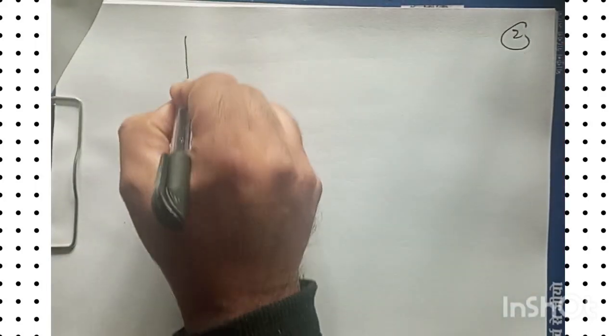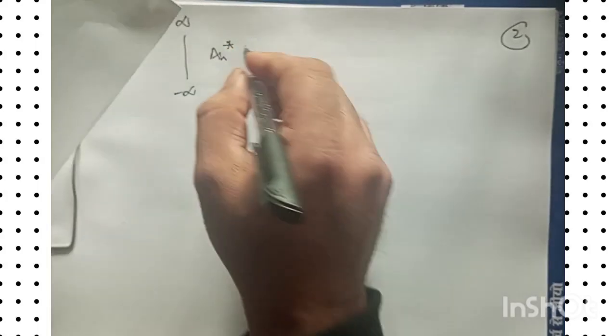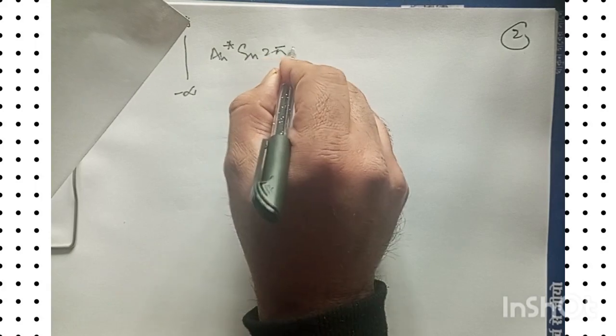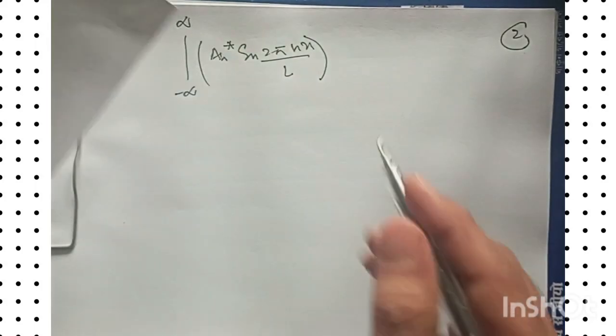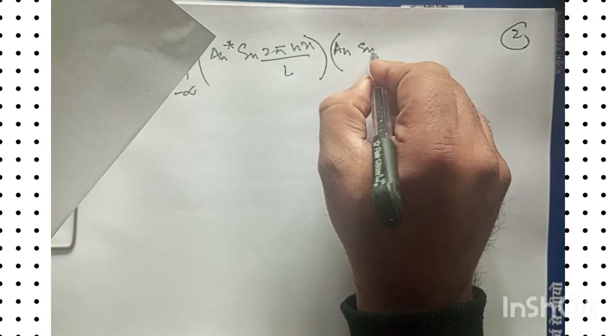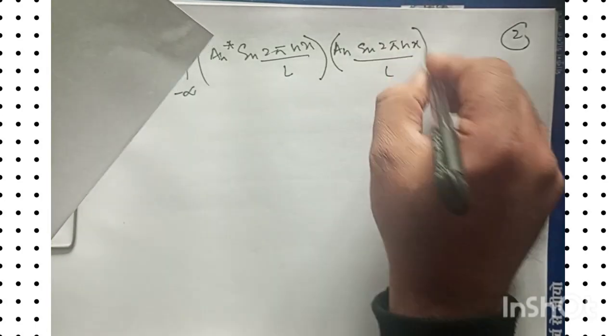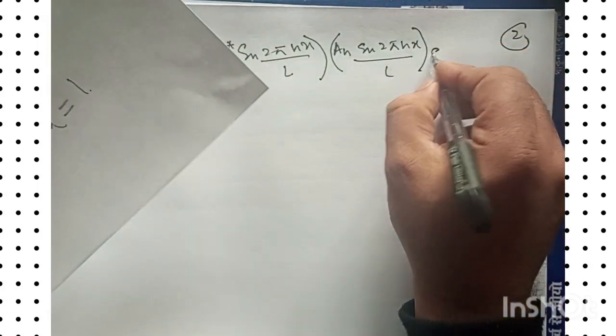So what I'll have is the integral from minus infinity to infinity, and for psi star I have An star sine of 2 pi nx by L times psi of x, and that's An times sine of 2 pi nx by L. Then we have dx, and this is equal to 1.